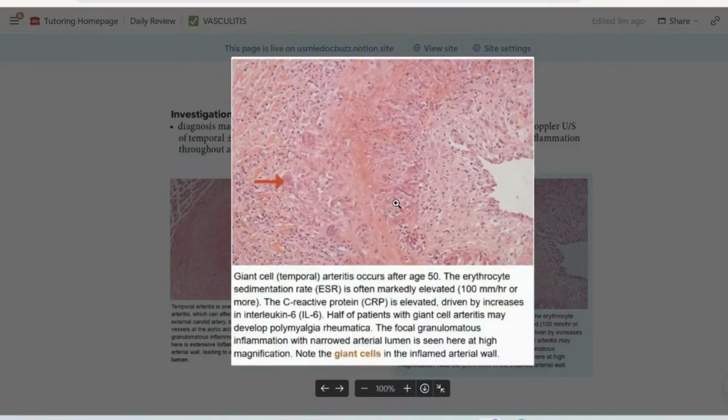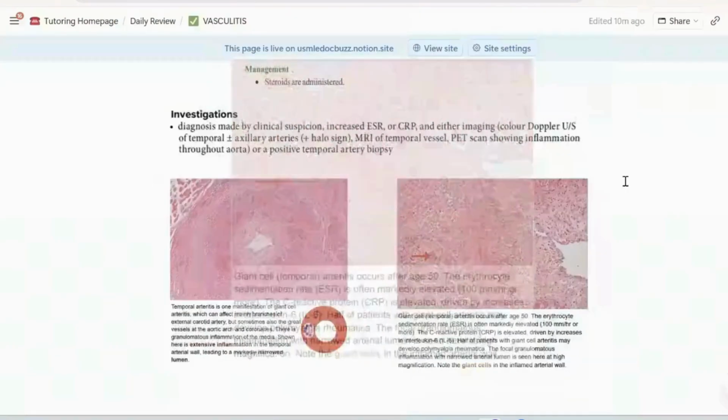As well, in this, you see the elastic lamina is pretty visible here, but you see multinucleated giant cells in the images too. You can easily point them out because they're this one large cell with multiple nuclei around the periphery, right? So you can easily point out a multinucleated giant cell.